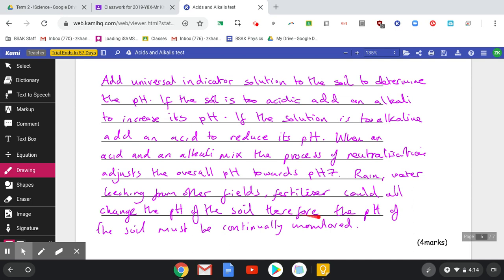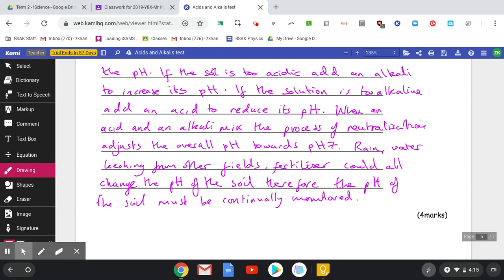So what we could do is continuously monitor the pH of the soil over a period of time, and we could add alkalis or acids to adjust the pH depending on how the pH has changed. So that picks you up your fourth and fifth possible marks, even six there was about neutralization. So what I've written here is six possible marks. If you mention four out of those six, that would pick you up 4 marks.